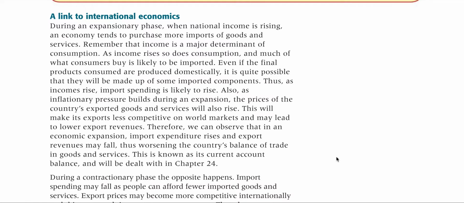Therefore, when there's economic expansion, you tend to see a rise in imports and a lower revenue of exports. So it messes up your balance of trade in goods and services, which is once again another objective. Remember, we want balanced payments between imports and exports. But when you're booming, you have a lot more imports because you can afford them and your currency is strong, but less exports because other countries are less interested in buying your stuff because you're getting really expensive.